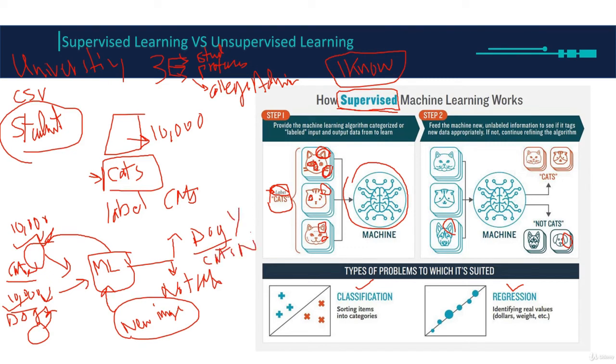Yes, no, 0, 1, binary classification, just like I told you. So here we can see that it can classify cats and not cats, which means dogs.